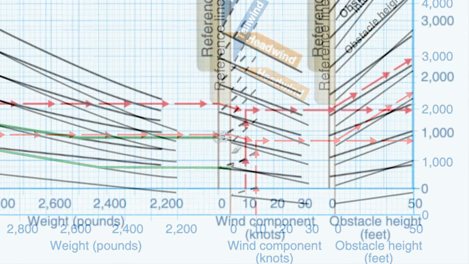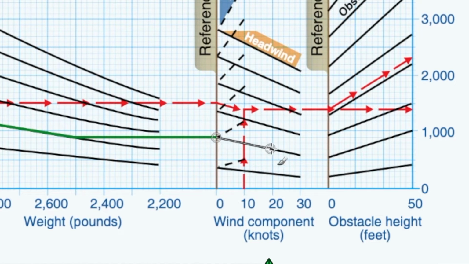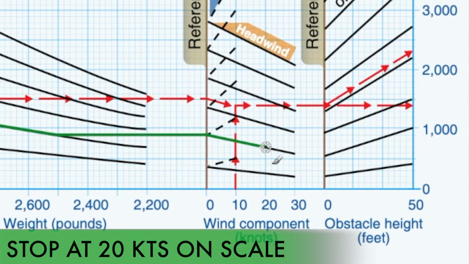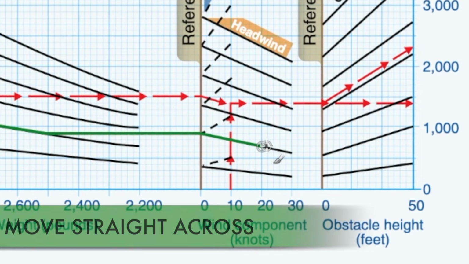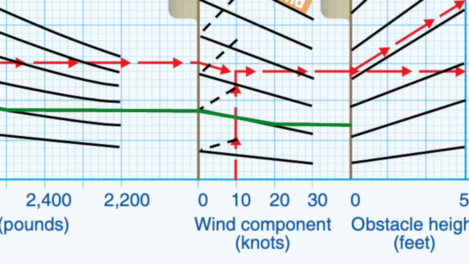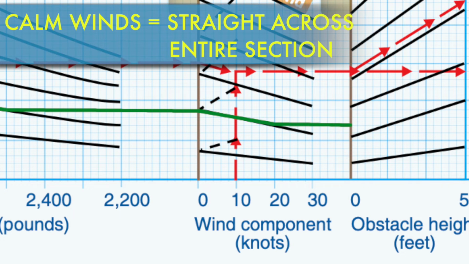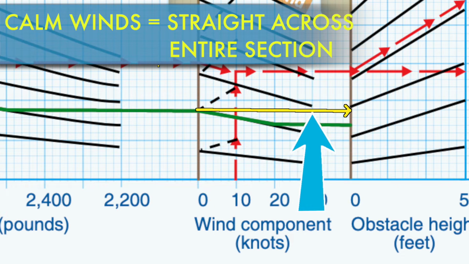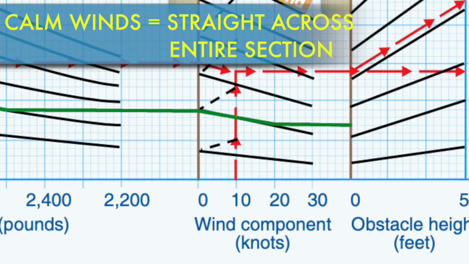We will be traveling parallel along the downward trending headwind lines until we reach the 20 knots mark here. And then from that point, we will go straight across to the next reference line. If we encounter a case where there is no headwind or tailwind, essentially calm wind conditions, we would not have to travel parallel to any lines and simply go straight across the entire section from beginning to end.